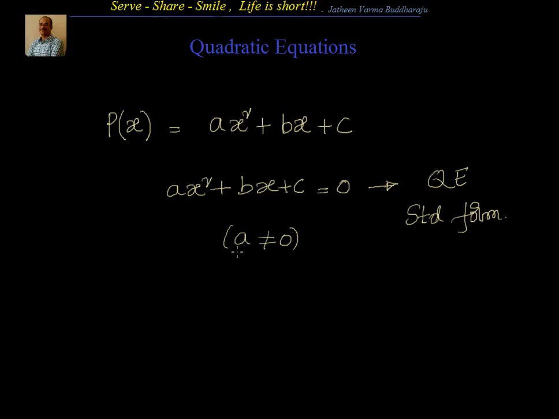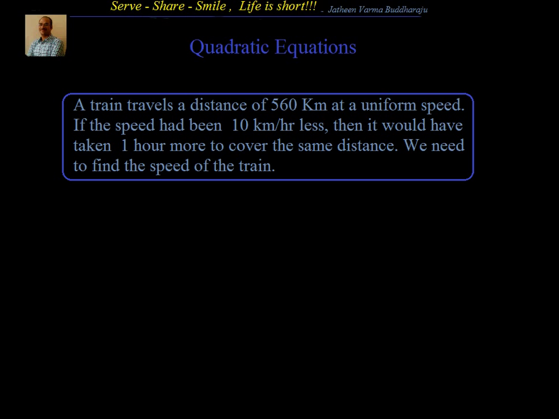Now let's look at a real life scenario and see how we can represent it in the form of a quadratic equation. Let's look at this scenario. A train travels a distance of 560 kilometers at a uniform speed. If the speed had been 10 kilometers per hour less, then it would have taken 1 hour more to cover the same distance.